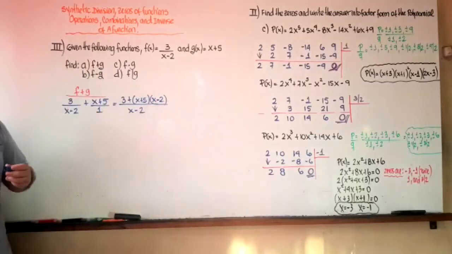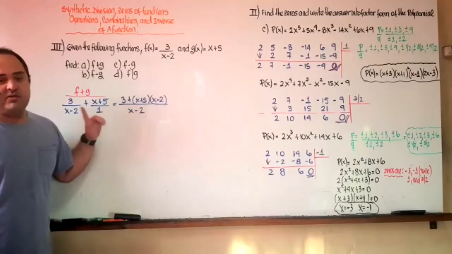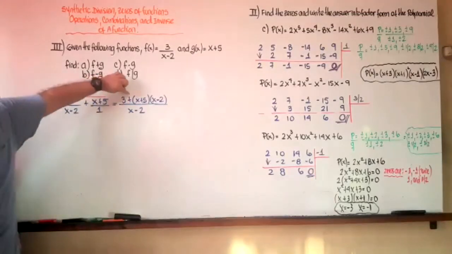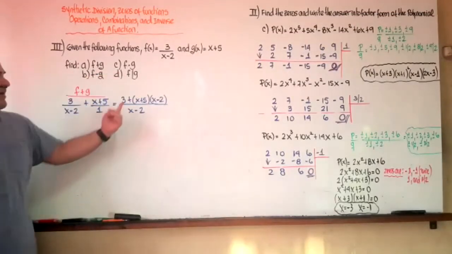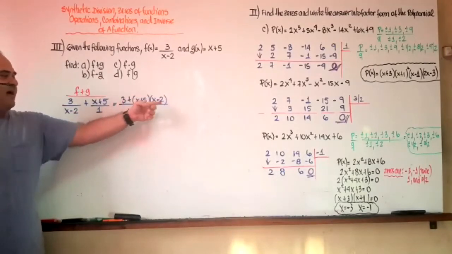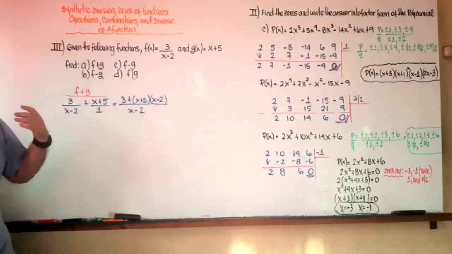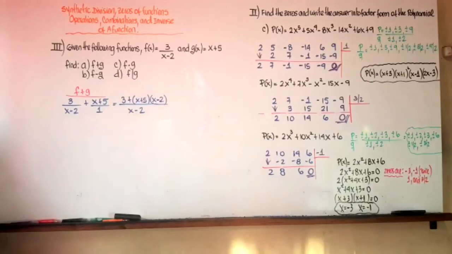Please avoid the temptation to cancel x minus 2. You cannot do that because we have addition. You can cancel in multiplication or division, but you cannot cancel terms every time that we have addition or subtraction, okay?